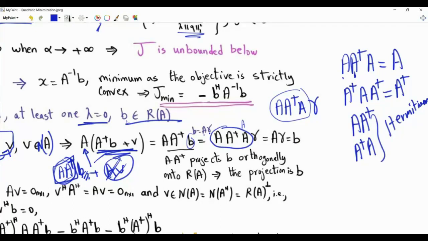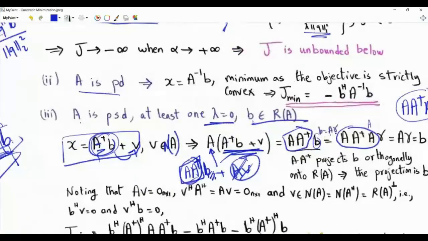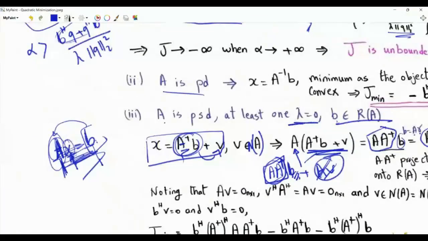Or again, if we recall that this matrix is indeed a projection matrix, this is another way to see that every vector written as the pseudo inverse of A times B plus a vector from the null space of A is indeed a solution to this equation, which came from equating the partial derivatives to 0.